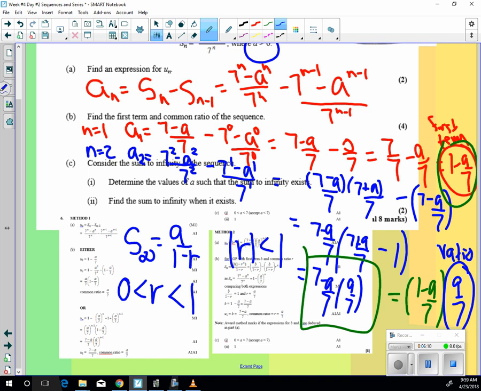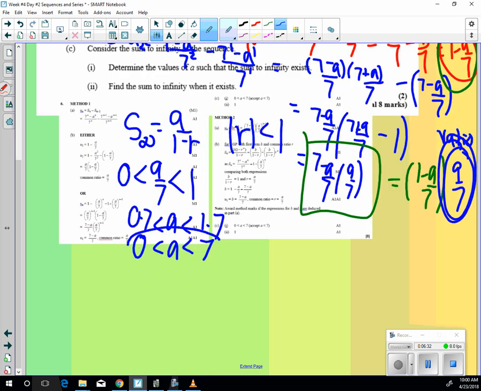So in place of r, I'm going to put my ratio, which was a over 7. So multiply everything by 7, I get 0 times 7 and I get 1 times 7. What's a going to be between? 0 and 7. Very good.